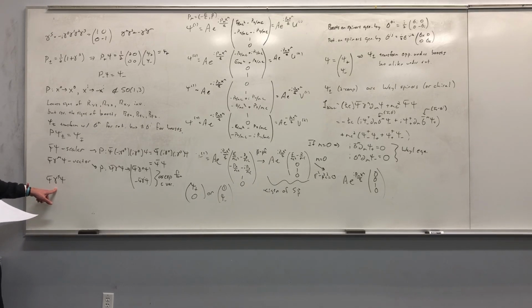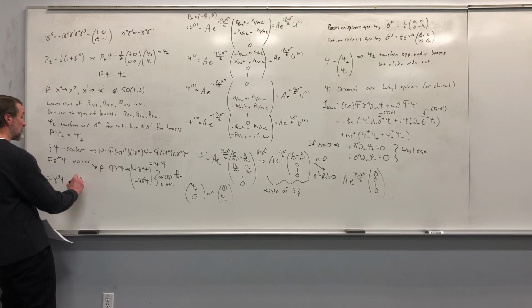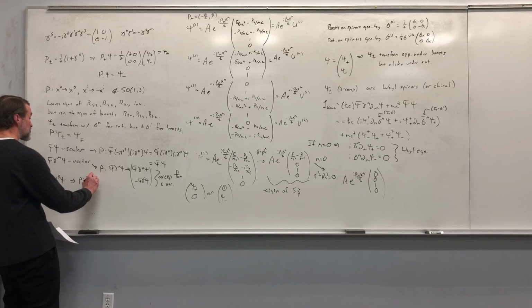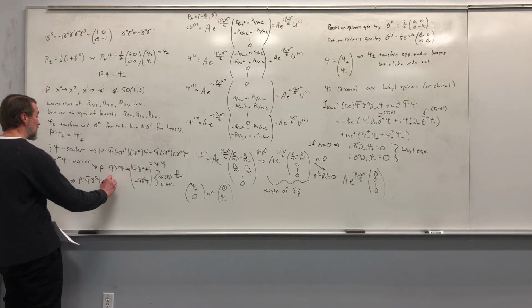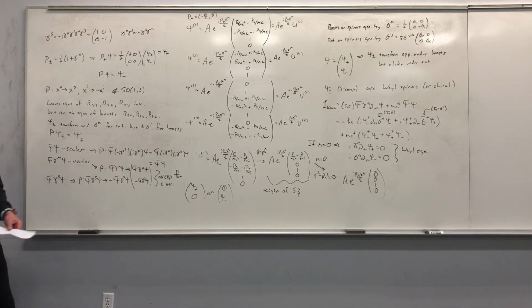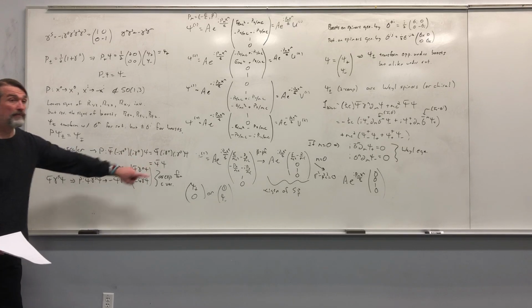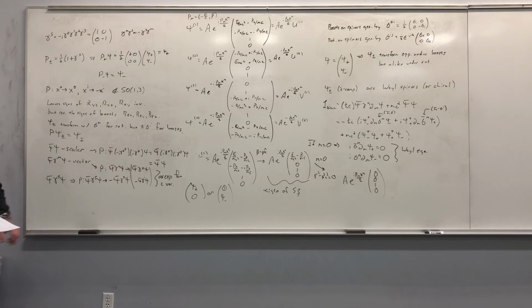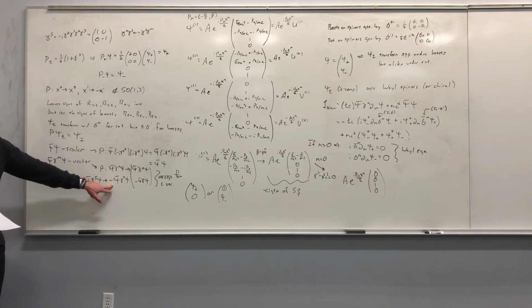Then we have to ask, what about a parity transformation? And under a parity transformation, this actually transforms with a negative sign. So that's different than psi bar psi. So we call this a pseudo-scalar.